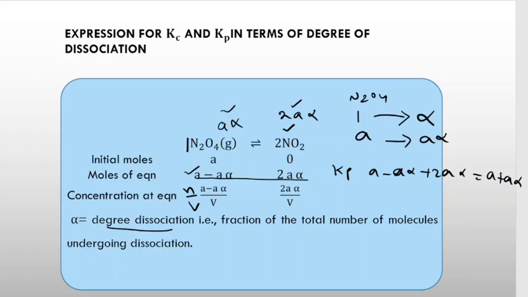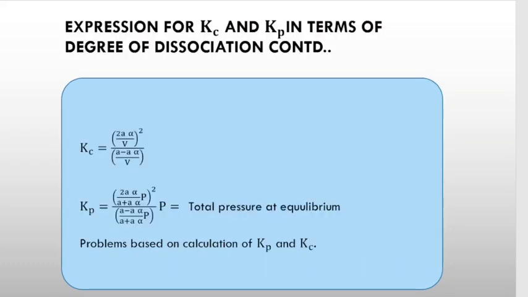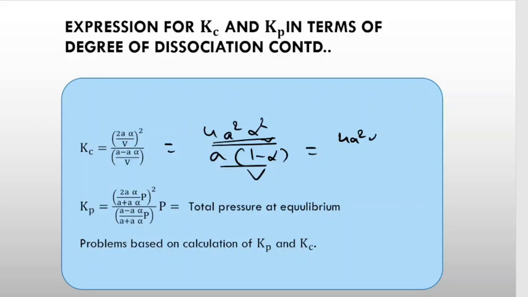Let's first write the Kc expression. The Kc expression will be (2A alpha by V) whole square divided by (A minus A alpha) by V. This also we can simplify. How to simplify? 4A square alpha square divided by A into (1 minus alpha) by V. Let's take the reverse of the denominator fraction so that you will get V divided by A into (1 minus alpha).